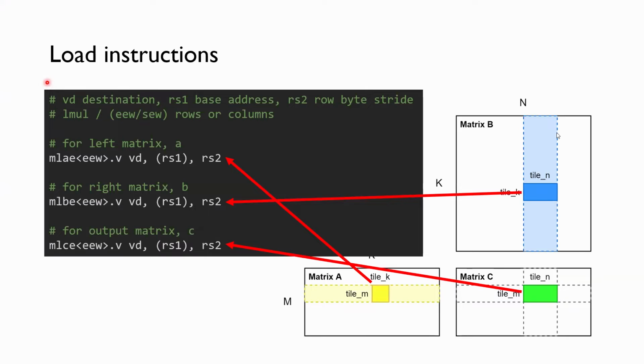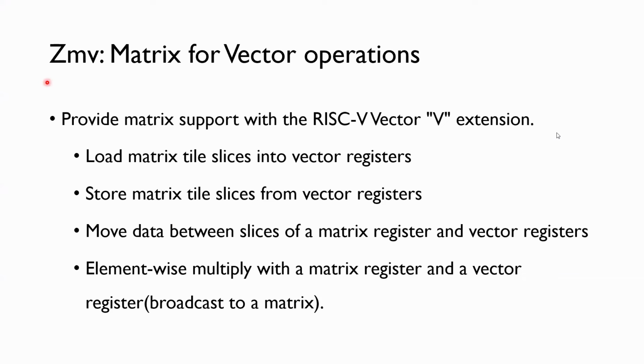As mentioned before, we also provide several other extensions. The first one is the ZMV extension, and it is used to bridge the vector extension and the matrix extension. With the ZMV extension, we can exchange data between vector registers and matrix registers.